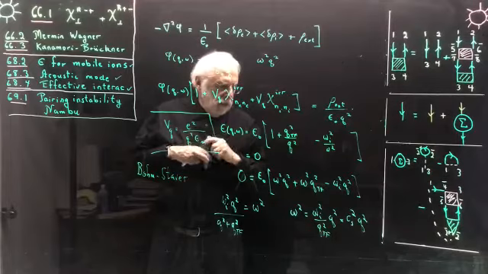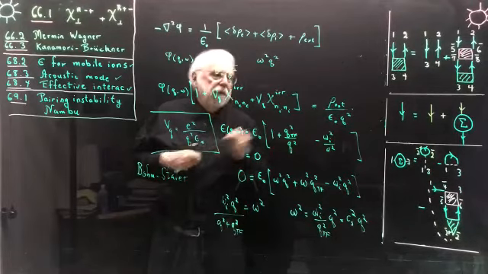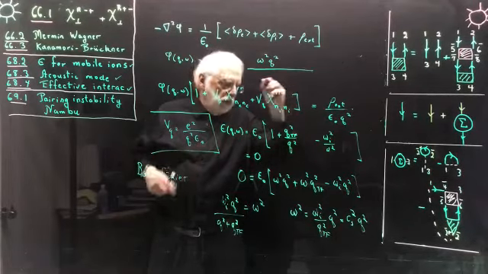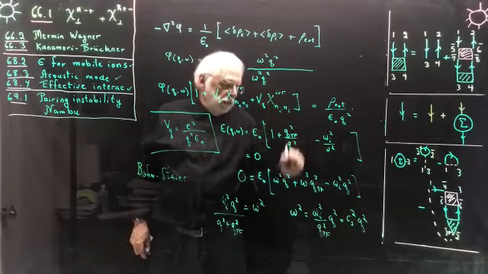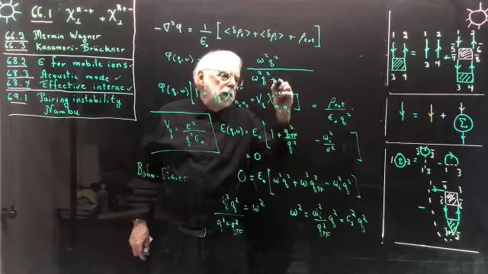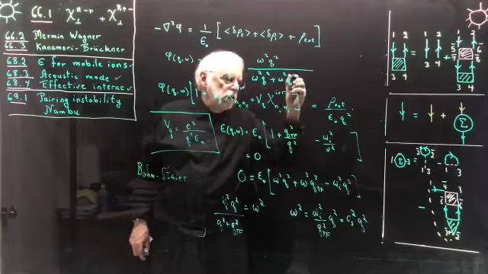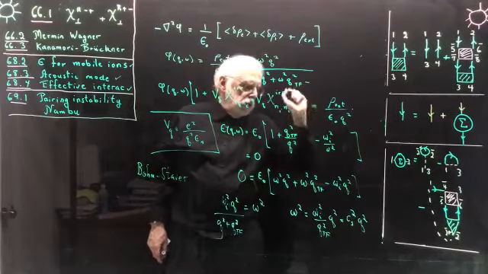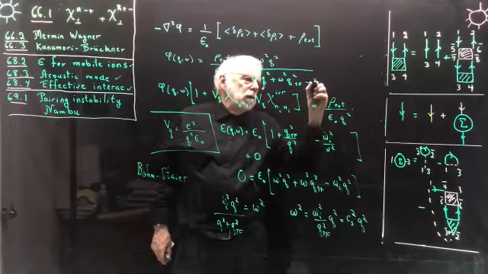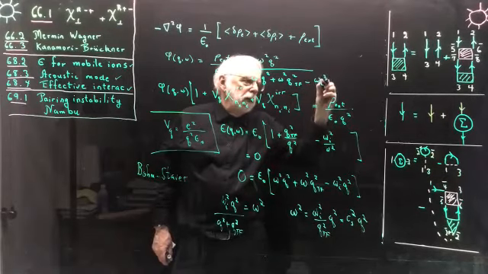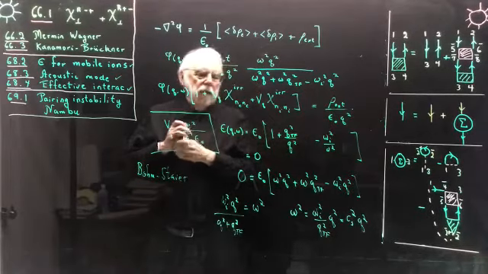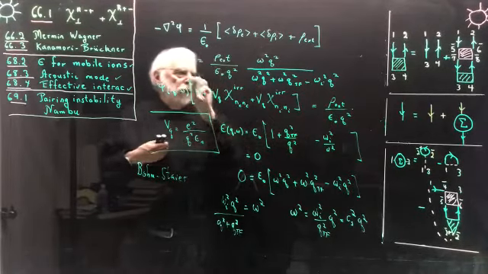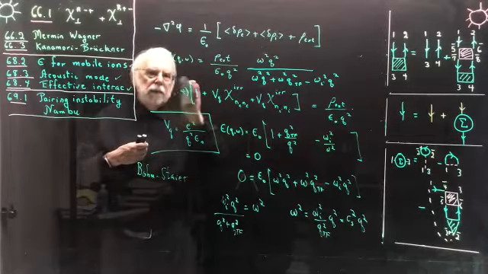And in the denominator, I have omega squared q squared plus omega squared q Thomas Fermi squared minus omega ion squared q squared. Then I will rewrite this again, and we're almost done.